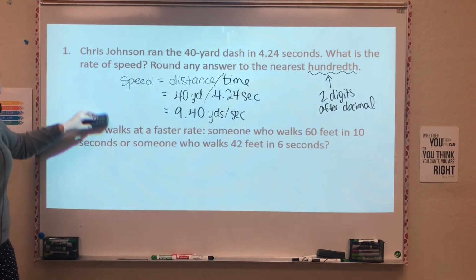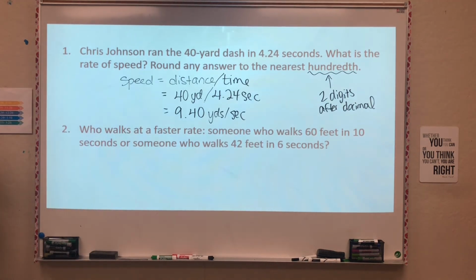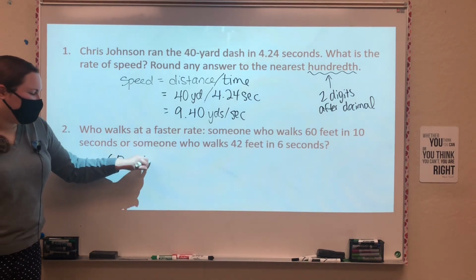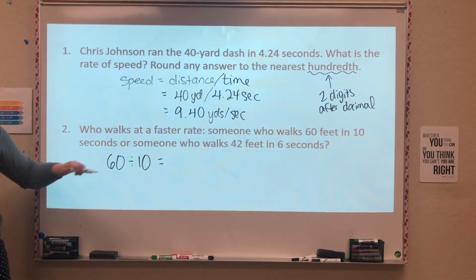We got one last one, and then I'm going to have you try the last one on that paper. The second one says, who walks at a faster rate? Someone who walks 60 feet in 10 seconds or someone who walks 42 feet in 6 seconds? 60 divided by 10, that's going to equal 6. I'm going to just write down what I heard you say. 60 divided by 10 gives us 6. Yeah.